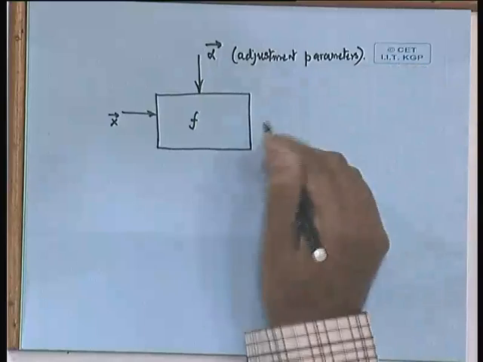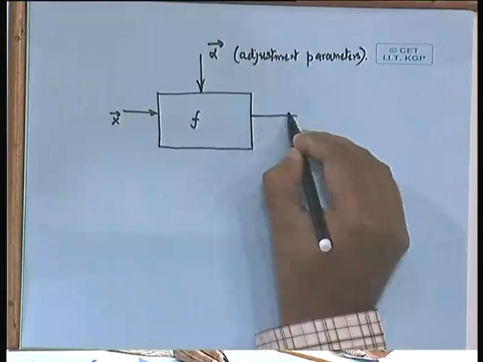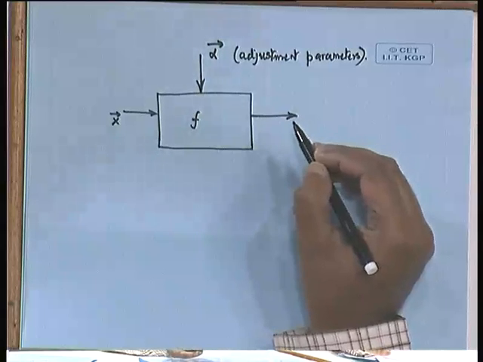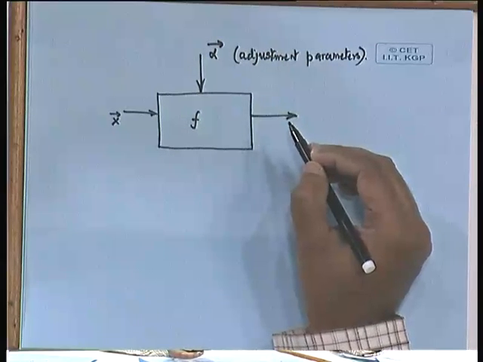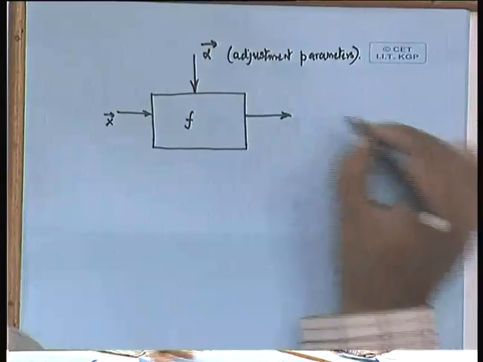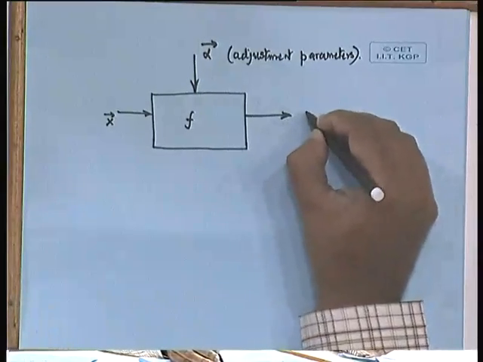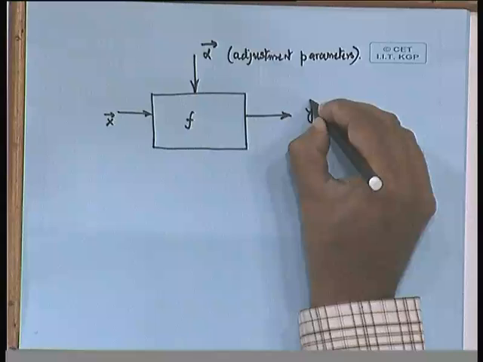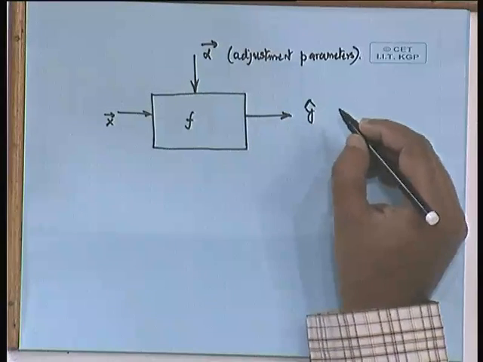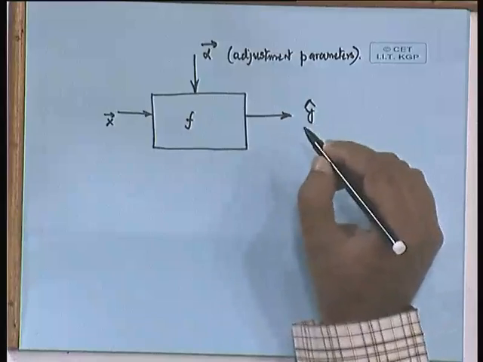And we will be getting the output from this network. For the sake of simplicity, we assume that we have only one output, and we indicate the output as y estimated, because this is what we are estimating by using the neural network. Now, our estimation may be correct, it may not be correct.